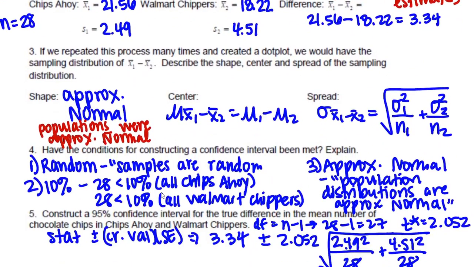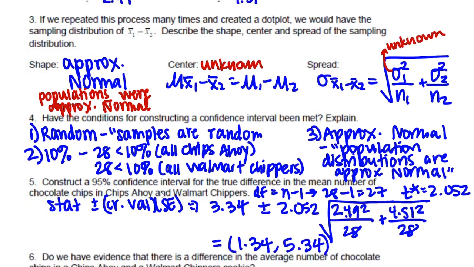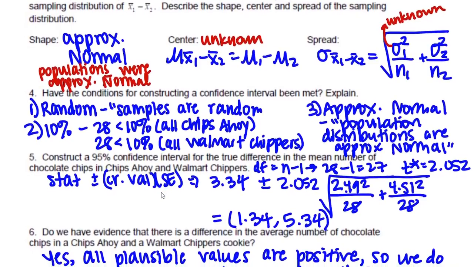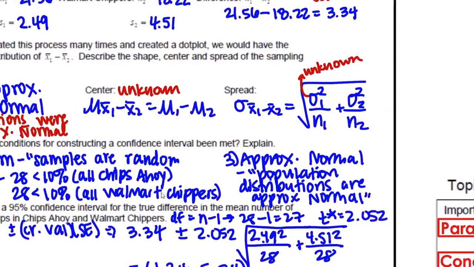Then we have our center and our spread. Now with the spread, we did not know sigma, and we typically won't. If we don't know the sigma, this population standard deviation, then we have to estimate with the sample. But remember, we're trying to estimate the population means. So I'm going to write unknown here, and these are unknown as well. So for the spread, we're going to change the name to standard error, S of x bar 1 minus x bar 2.